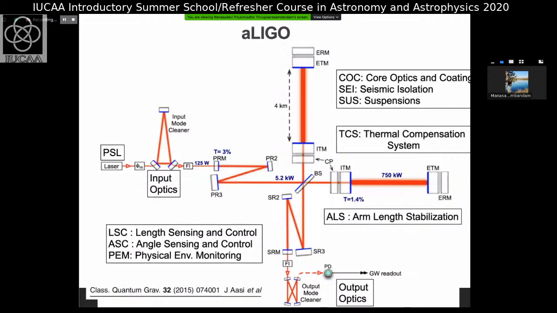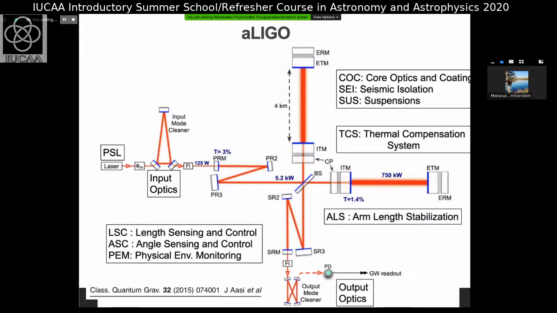So now, if we bring in the concepts that we've learned so far, we can finally make sense of what this configuration looks like. This is the final configuration that Advanced LIGO is operating in. So you see the laser in here, and then you see some input optics.